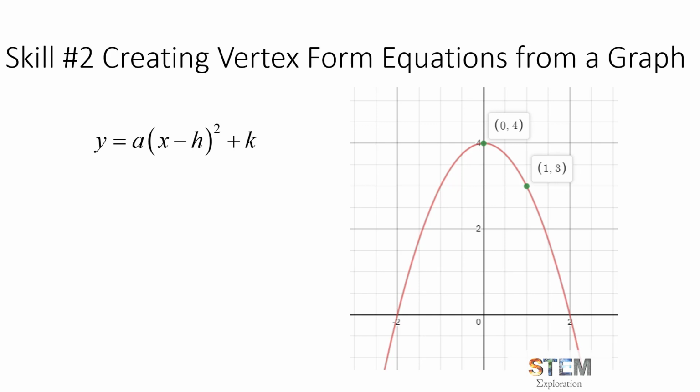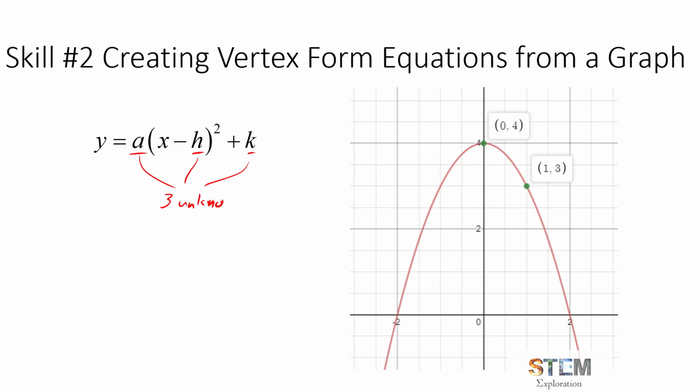Let's look at another example here. So now I want to take a parabola with a couple of given points, and now I want to take that and form an equation from it. Because I'm looking at this and I see 1, 2, and 3 variables, there are technically 3 unknowns that I need to figure out.